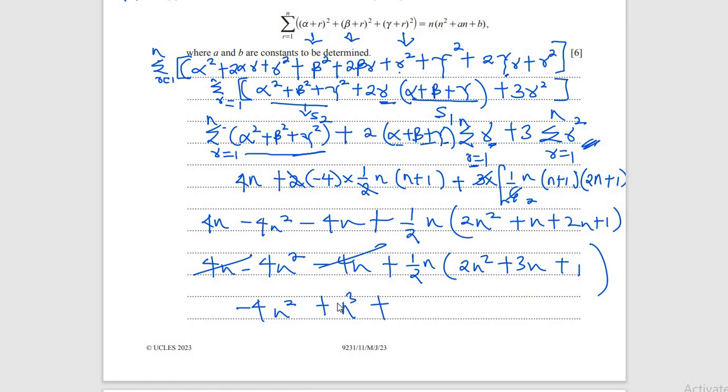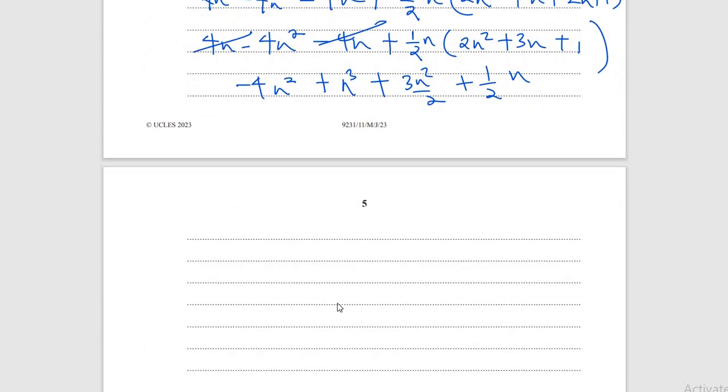Half n times, that's 3n squared over 2 plus half n. So collect the like terms. When you collect the like terms, minus 4n squared plus 3n squared over 2, that will be minus 8n squared plus 3n squared, that's minus 5. It gives us minus 5n squared over 2 plus n cubed plus half n. So n is common.